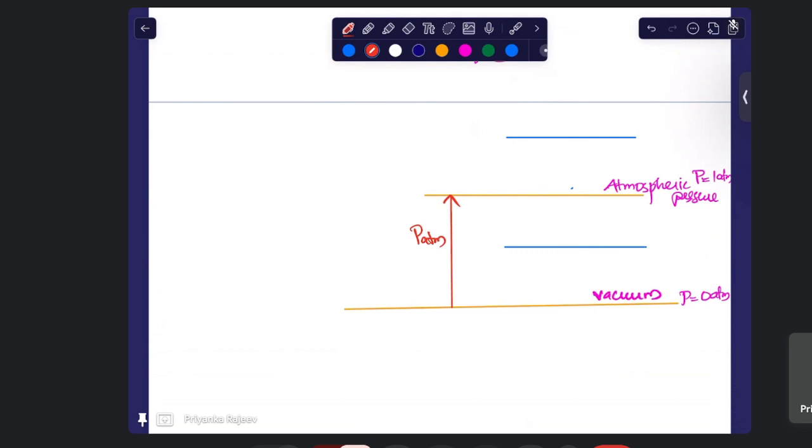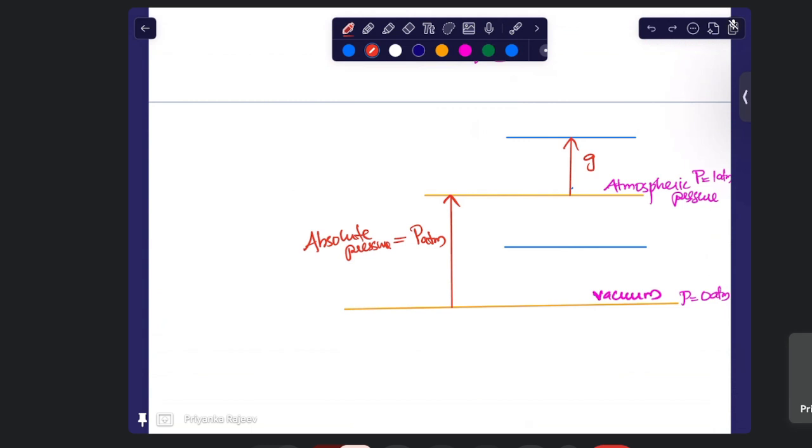Now, when you're measuring from vacuum to any point, it is called absolute pressure. Okay, absolute pressure. When you are measuring with respect to atmospheric pressure, it is called gauge pressure.